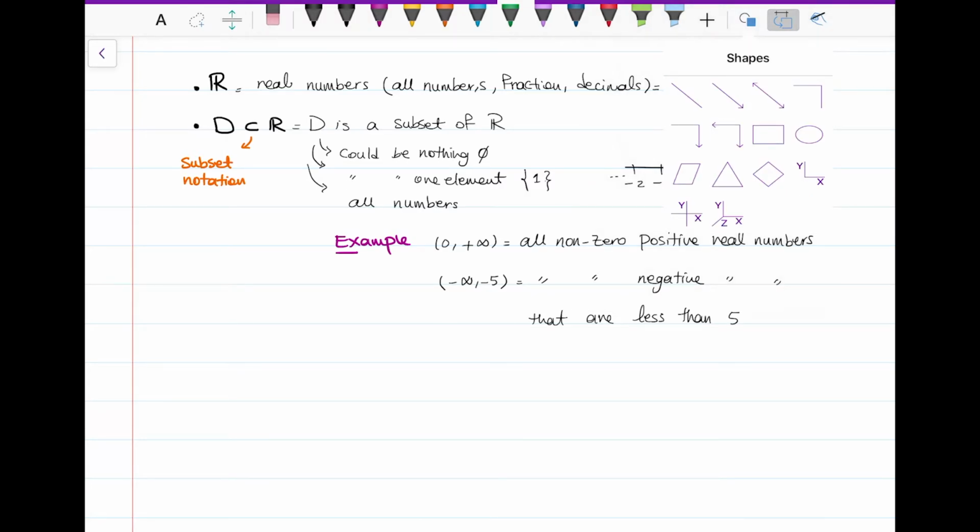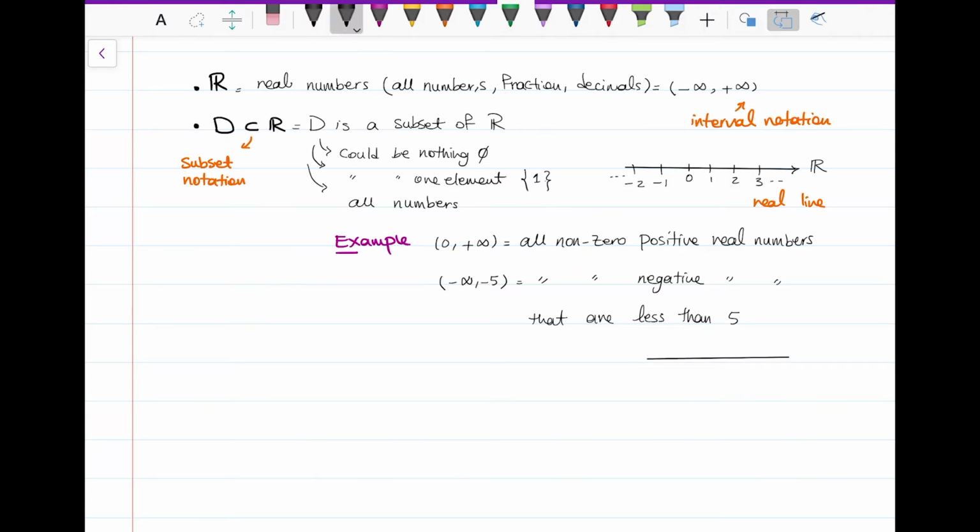So basically this example shows, for example, 0, negative 1, negative 2, negative 3, negative 4, negative 5, and this example, negative infinity up to negative 5, covers all the numbers up to negative 5. All of these numbers. Okay.